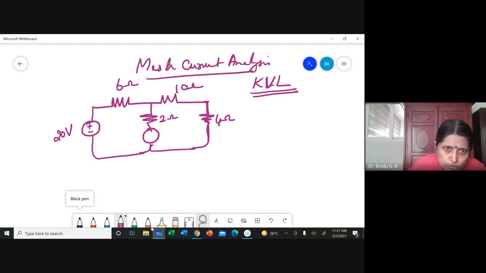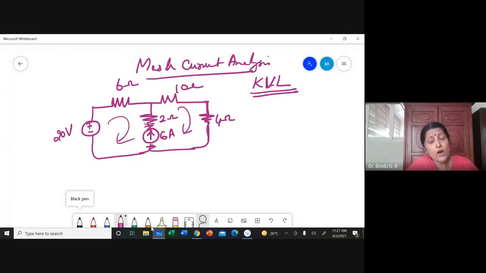If I put a current source, say 6 ampere, then you cannot apply KVL here because you do not know what is the voltage, whether it's a voltage rise or a voltage drop, or how much is the voltage across that 6 ampere current source. So here you need to apply the KCL also. For example, I'll take a mesh like this.